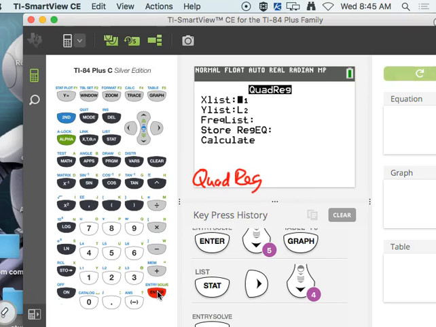Let's put list 1, comma, list 2. Let's stop there. I don't think we're going to need to store this one. We can figure it out another way, so let's just go all the way down to calculate. Those that have the older calculators, quad regression, list 1, list 2, and press enter.